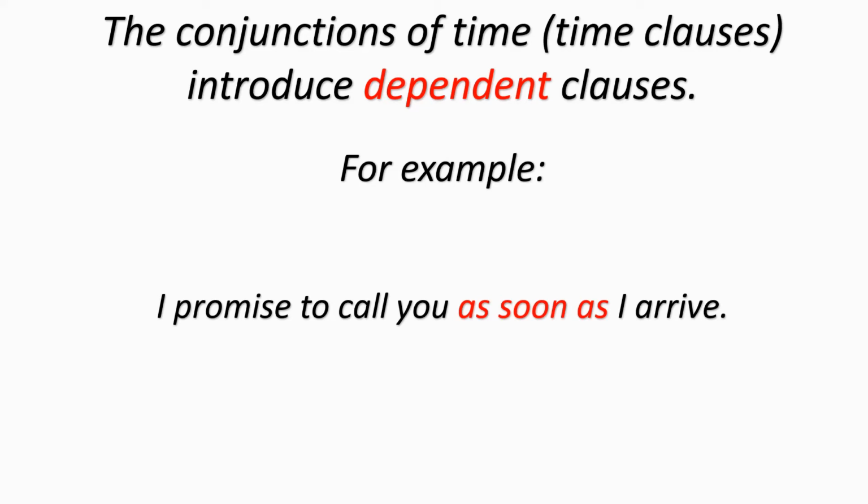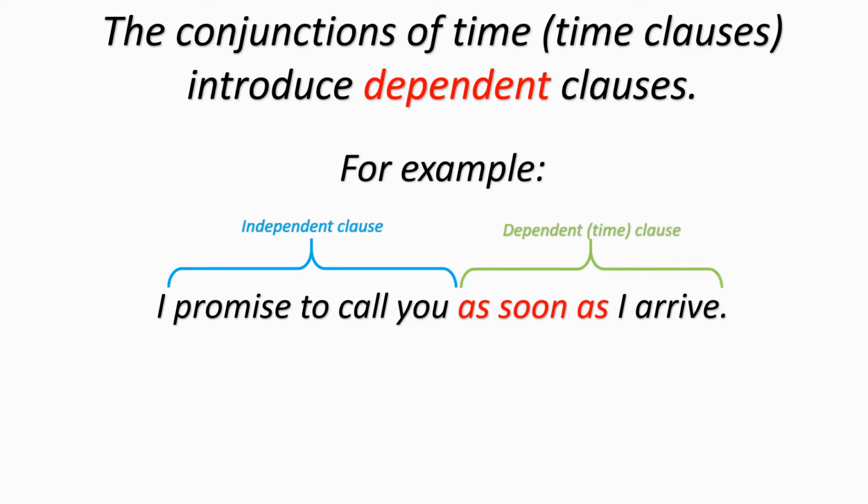Here you can see I promise to call you is an independent clause because it gives you meaning completely by itself. But as soon as I arrive is a dependent clause because the time phrase as soon as is making it dependent. It cannot give you a meaning completely on its own.